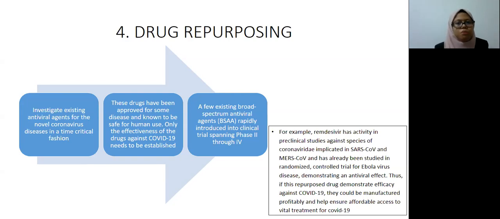Thus, if this repurposed drug demonstrates efficacy against COVID-19, it could be manufactured profitably, and it can help ensure affordable access to vital treatment for COVID-19.